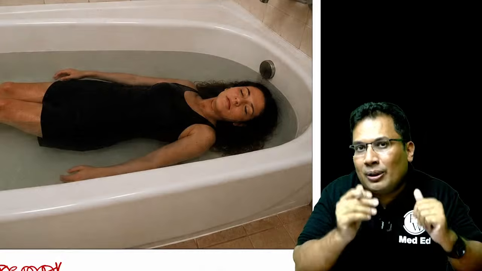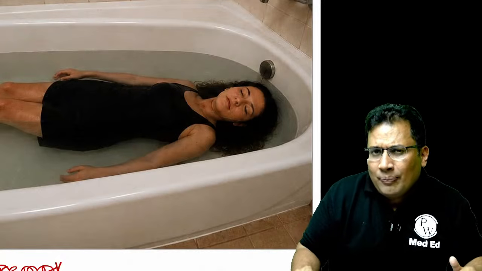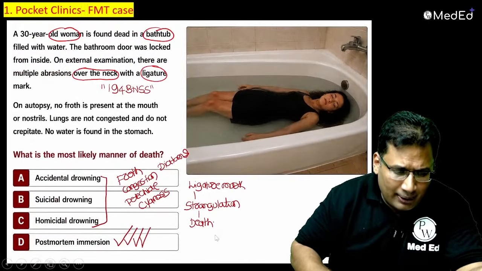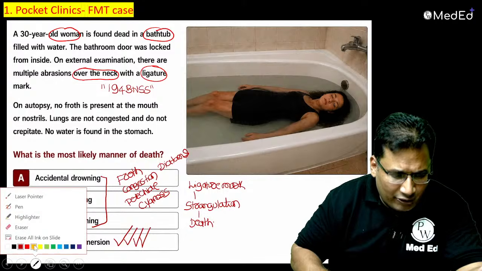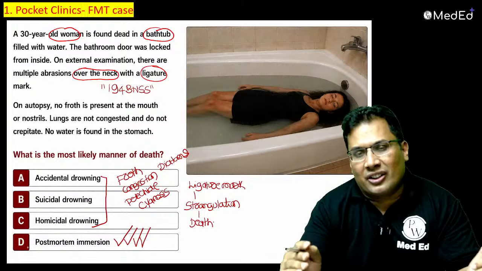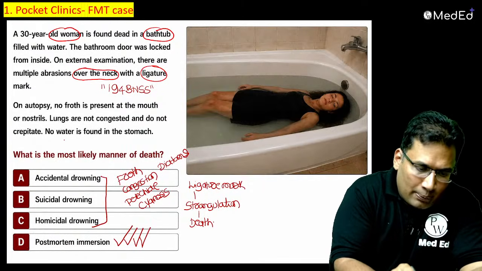That is also a punishable offense under 229 and 234 IPC, BNS. So the answer is post-mortem immersion. Post means after, so the dead body was immersed after death. This is a classical bathtub death.